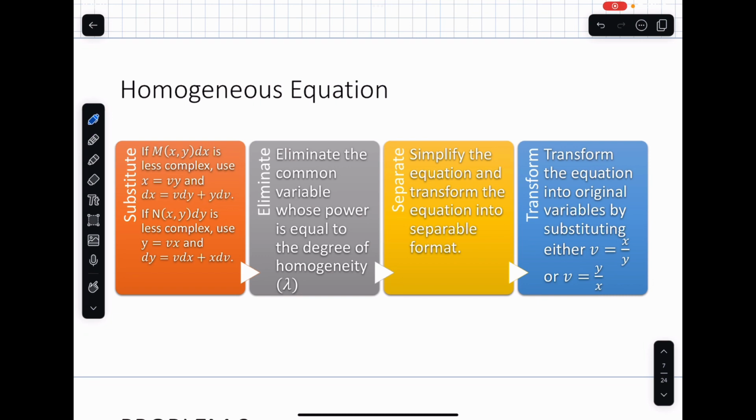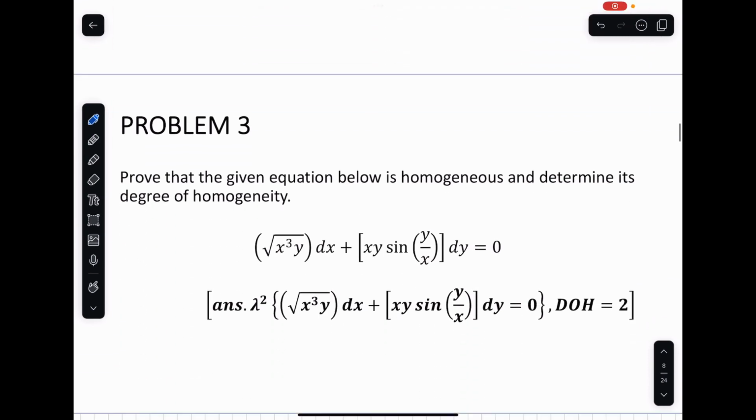All homogeneous equations are separable equations. So once we eliminate the term with the degree of homogeneity, we separate, since this is a separable equation, and then afterwards we solve, and then we transform it back to the original variables. So that is for homogeneous equations.